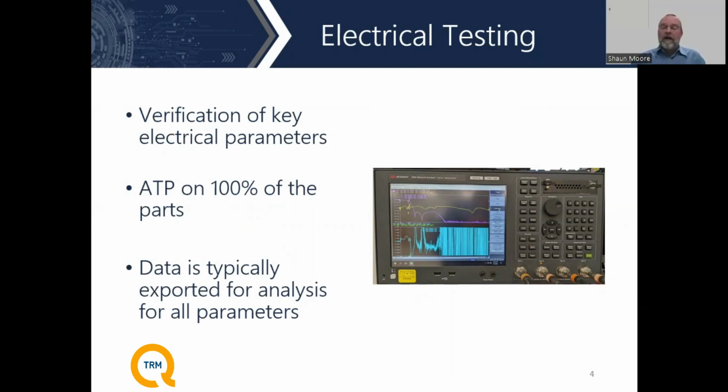A lot of that analysis is done off of the analyzer in a separate calculation sheet. Usually a spreadsheet is what TRM uses very often to do those mathematical comparisons, just to verify that yes, it meets all the requirements as it comes off the line, to make sure that it is absolutely compliant.